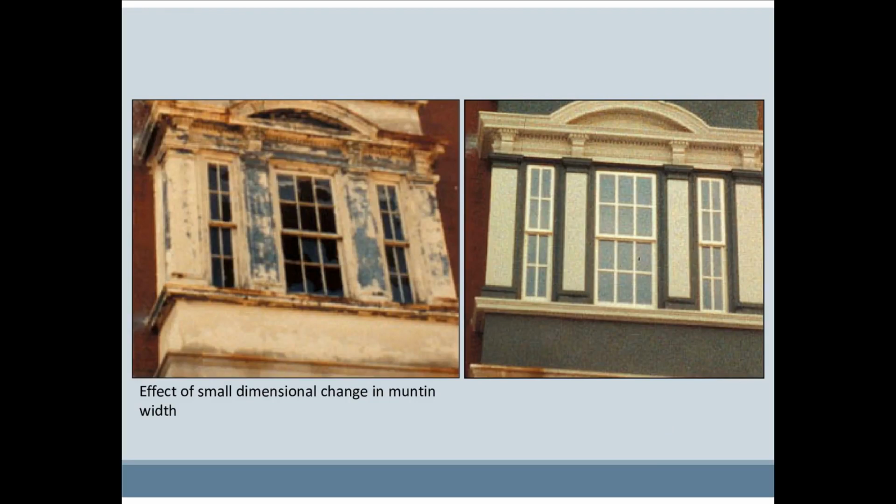While true divided lights in new windows can be fabricated by some manufacturers to come very close to the dimension of historic muntins on the left, even small increases in size are perceptible on the right.